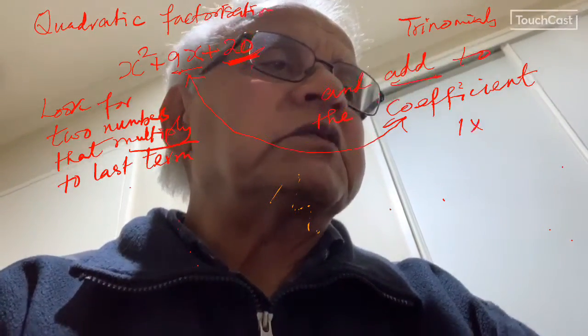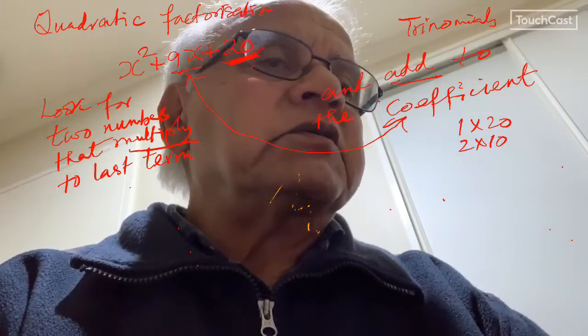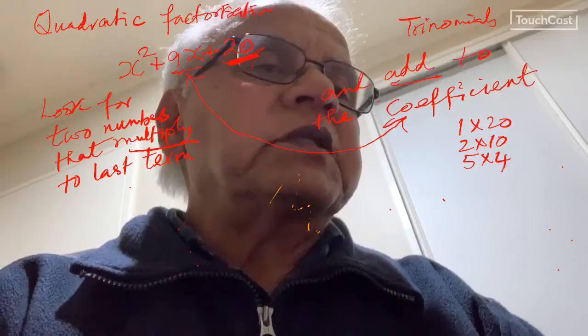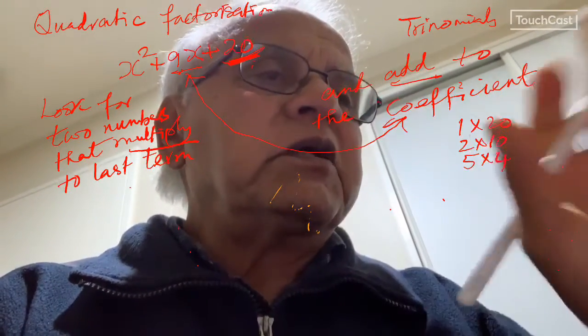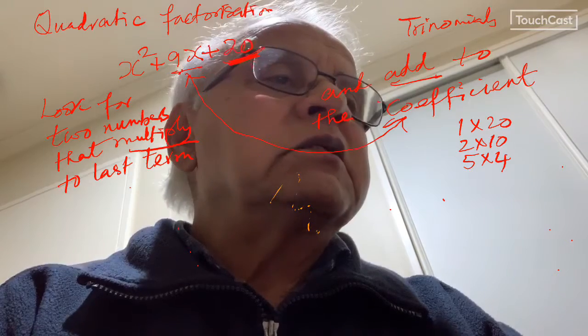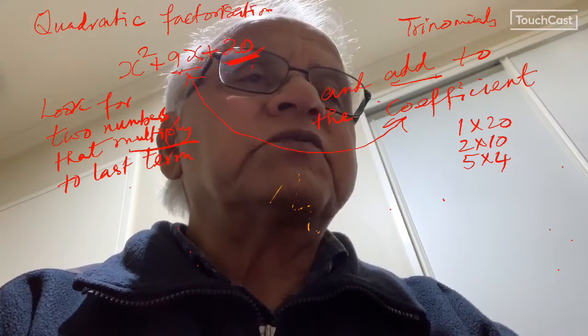So it could be 1 times 20, it could be 2 times 10, it could be 5 times 4. I'll stop there. These are the factors of 20.